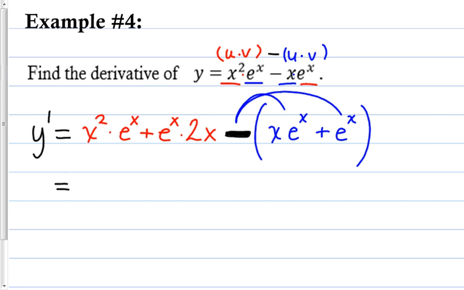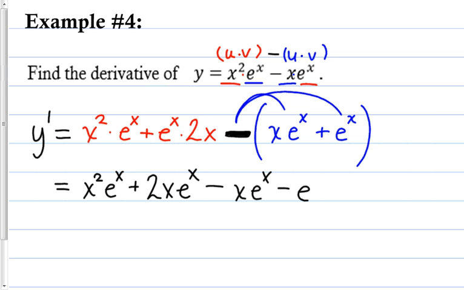So simplify whatever you can. Let's see. I have x squared e to the x plus 2x e to the x minus x e to the x minus e to the x. Let me see if I have anything that can be combined. I see that I have a negative x e to the x and I have a positive 2x e to the x.